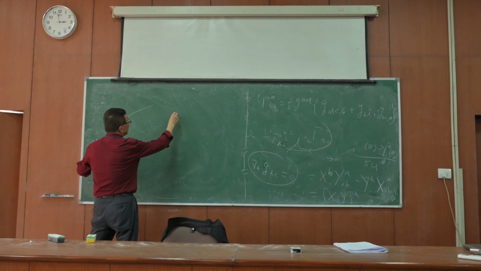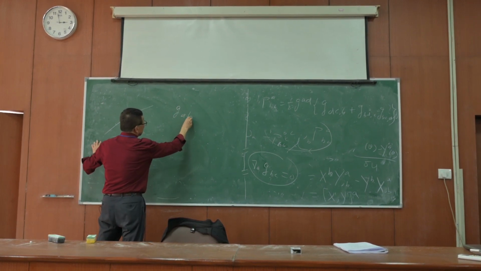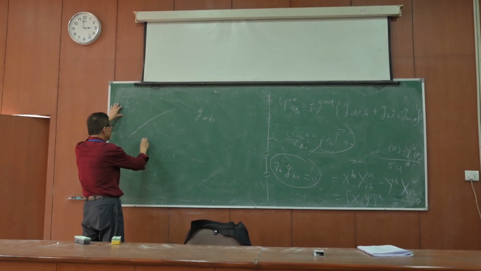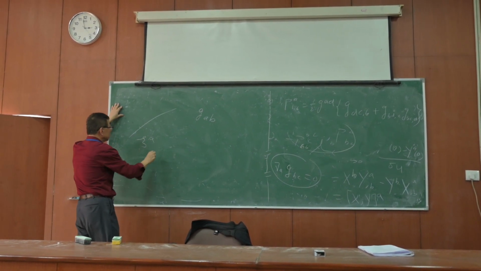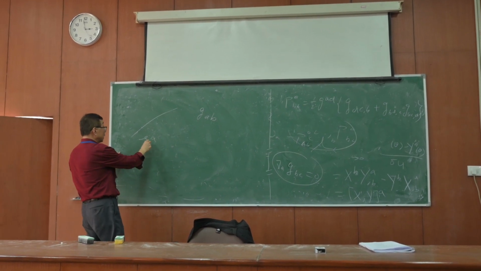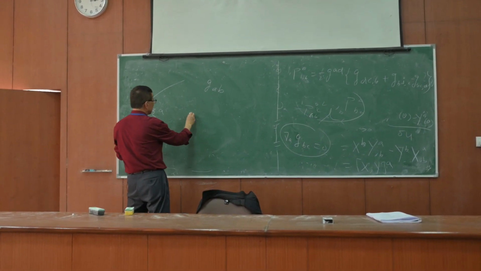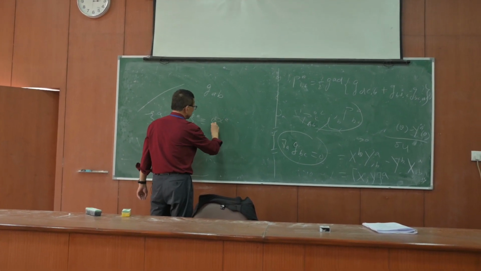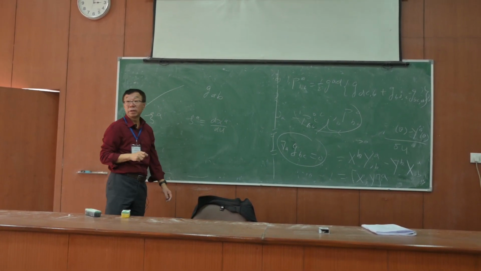For example, if I have a g_ab, my matrix, then the Killing vector, once I have this Killing vector, I can define this g along my parameters.